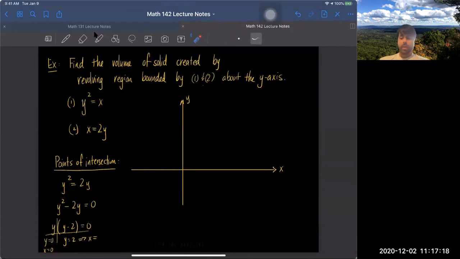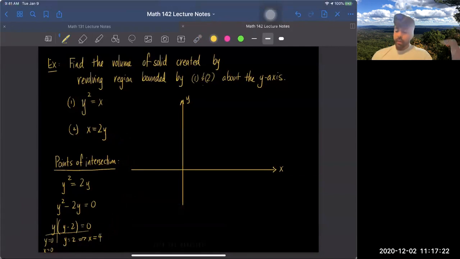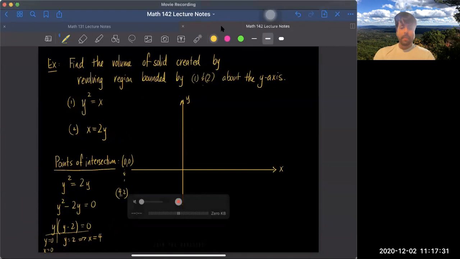That's right, Justin, it's 4. So I have the coordinates. The points of intersection are going to be 0, 0 and 4, 2. Do you see that?